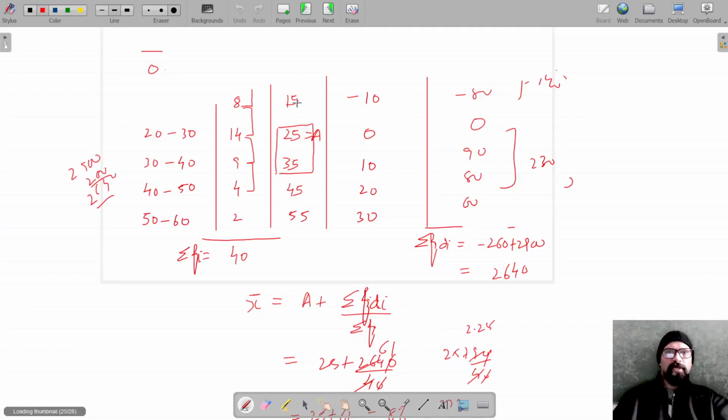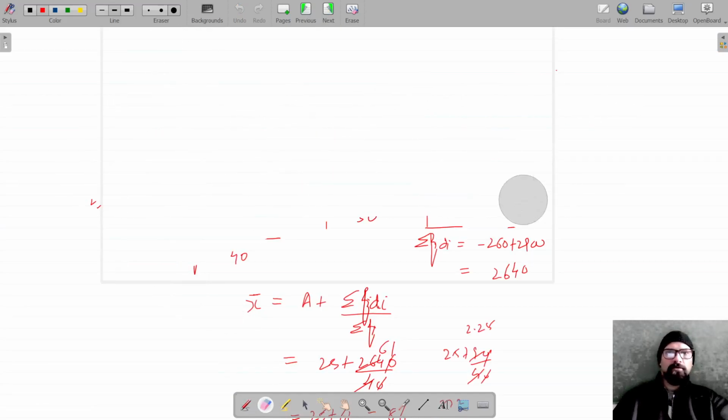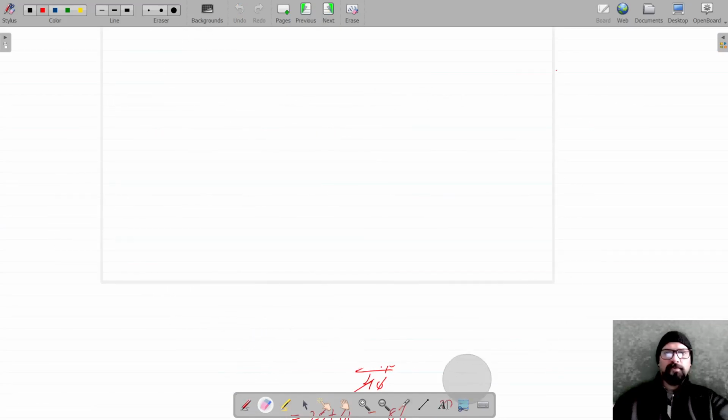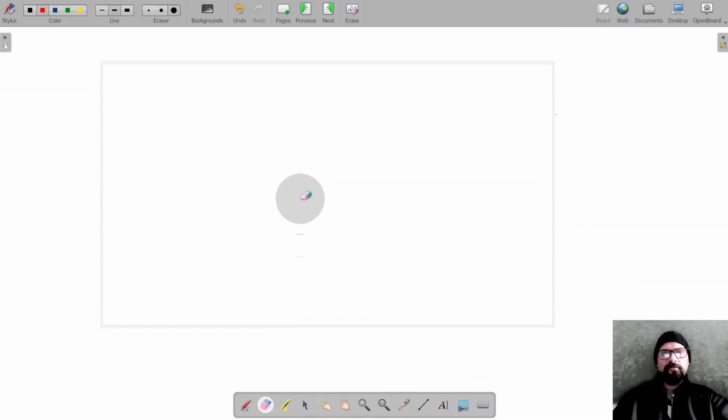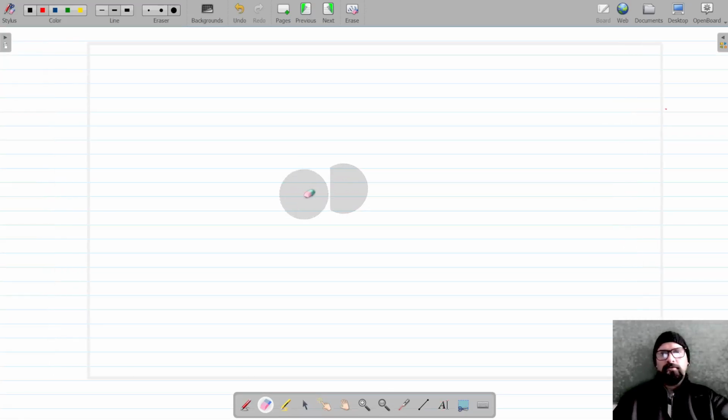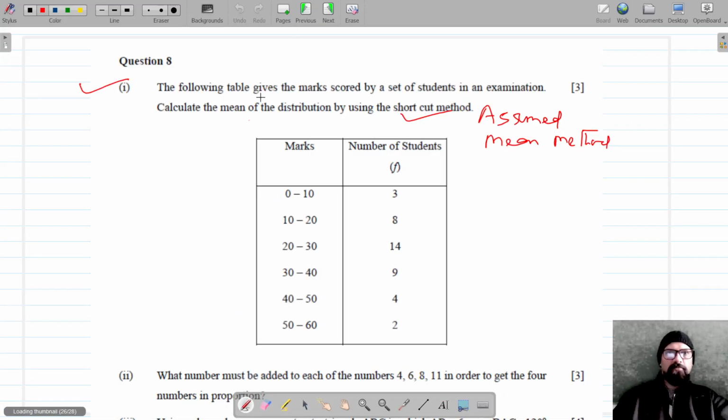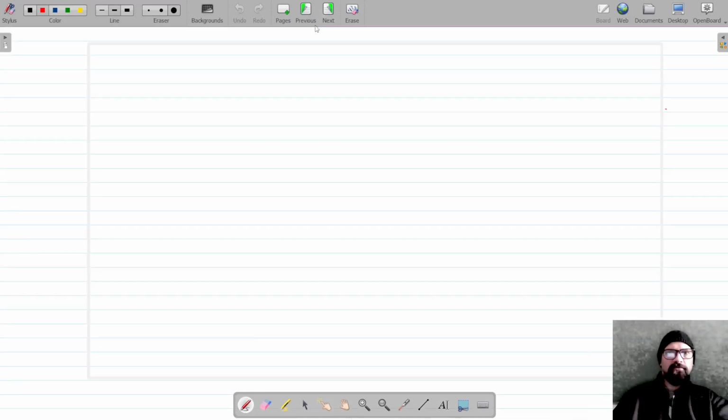Okay, and for that, let me get this data in the tabular form. So the class intervals are given, that are 0 to 10, up to 50 to 60. So these are the class intervals.